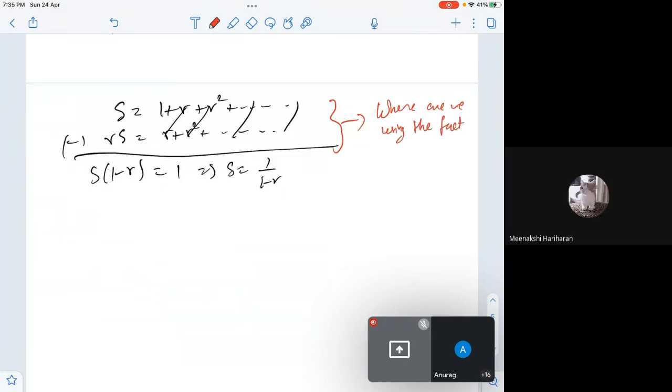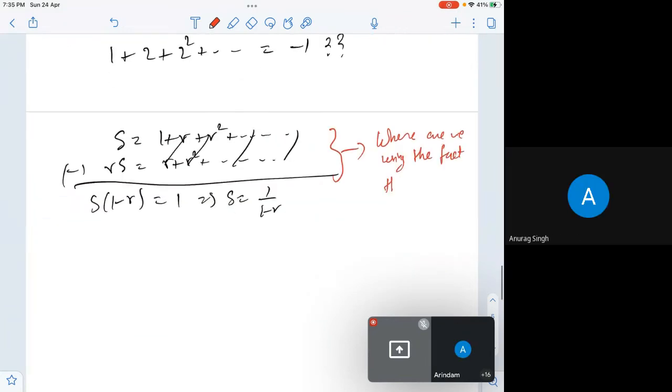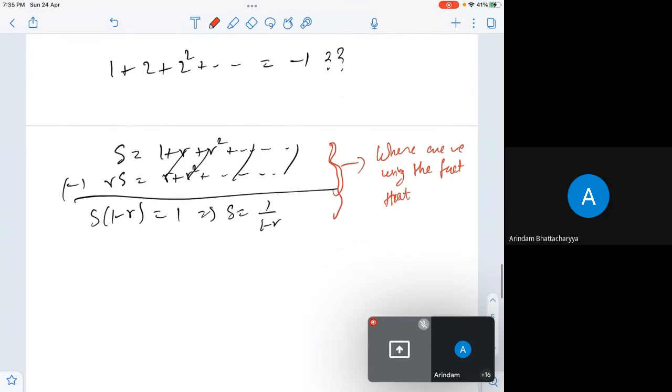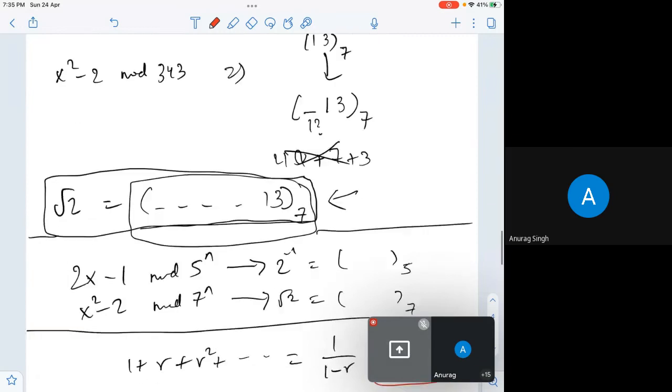Isn't this formula used only if r is less than 1? We can't use it for 1 plus 2 square stuff. But we still somehow want to make some sense of this, using infinitely many terms to make sense of this formula.